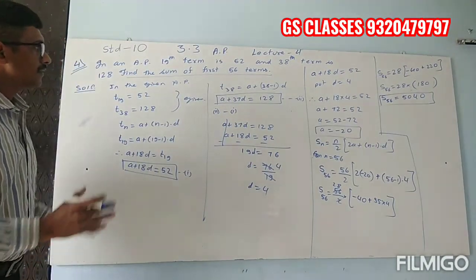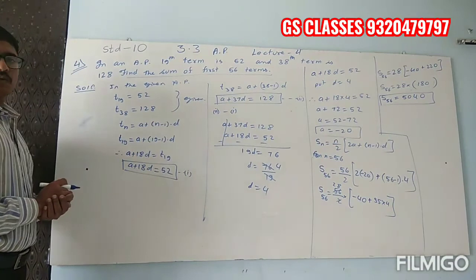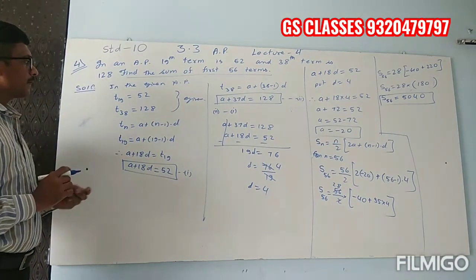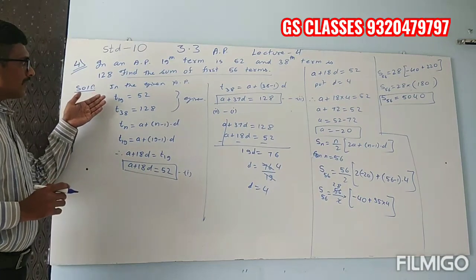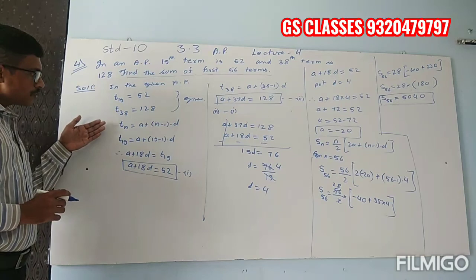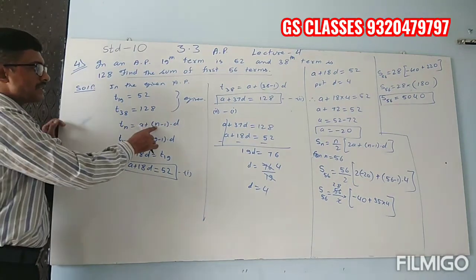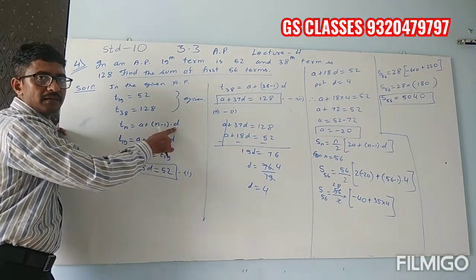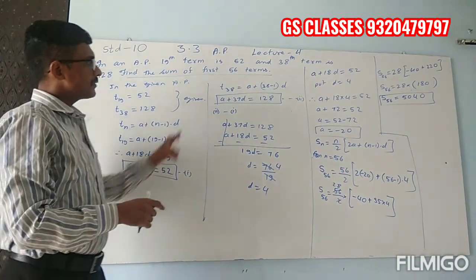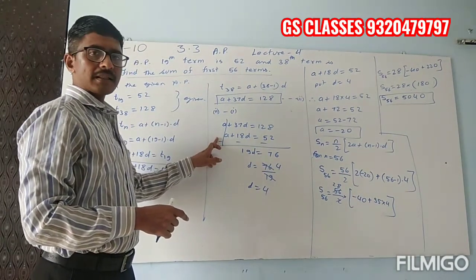So children, here we have completed this question. Let's have a review on this. First, the 19th term was given, the 38th term was given. We used the formula a plus n minus 1 into d. After this, we solved it by the simultaneous equation method.